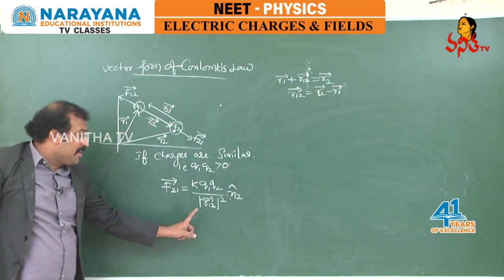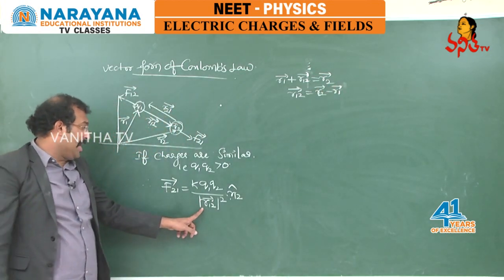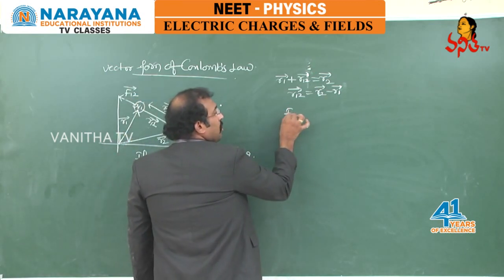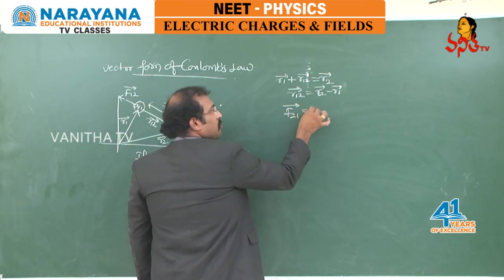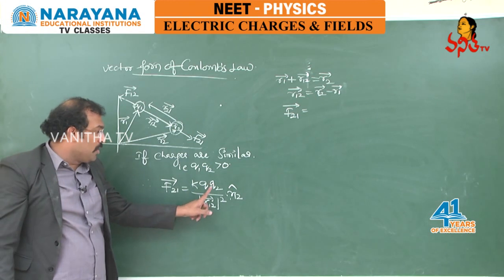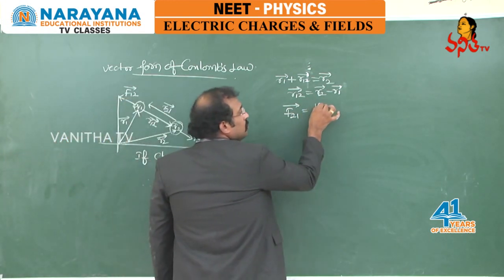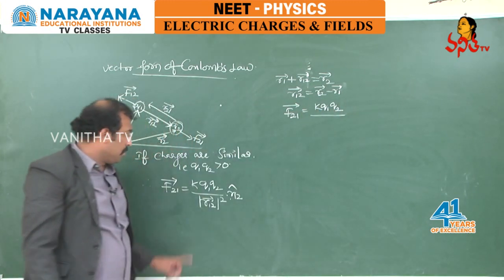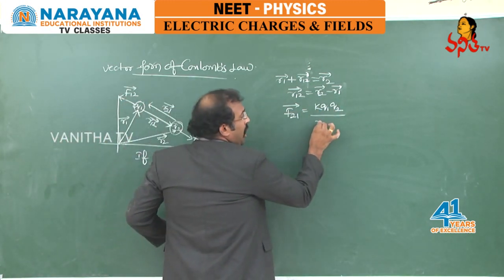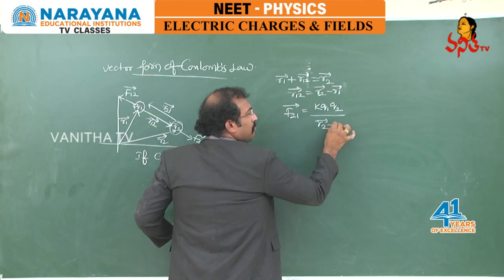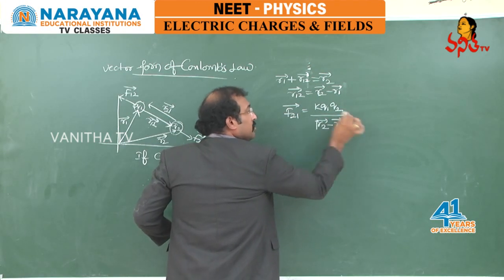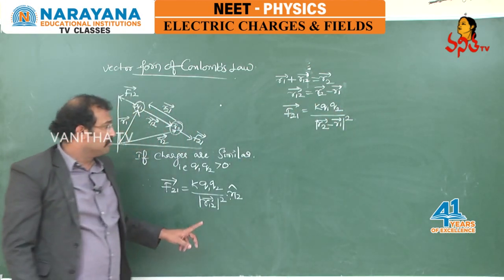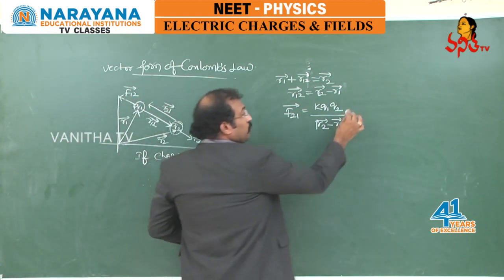Now I replace this: F21 bar is equal to K Q1 Q2 by magnitude of R2 bar minus R1 bar squared into R12 cap.